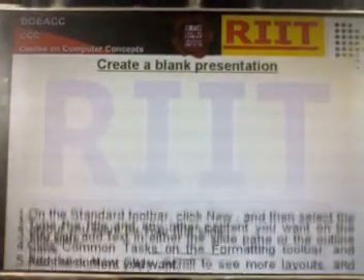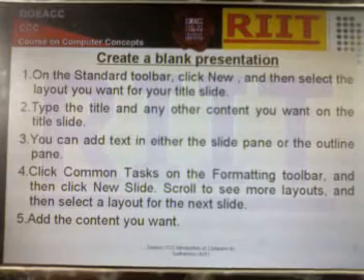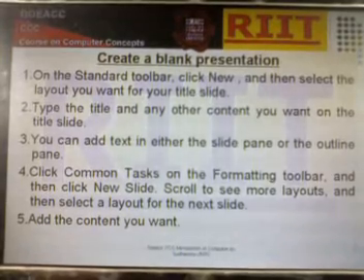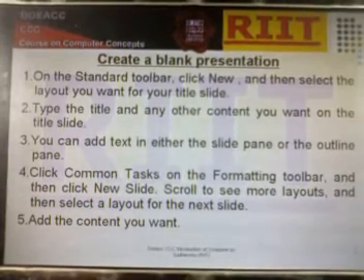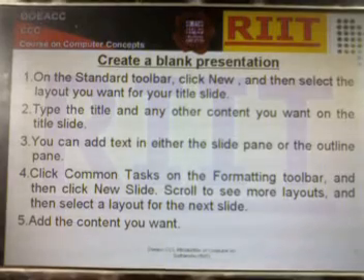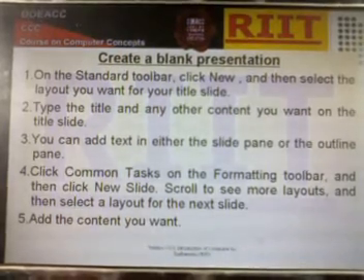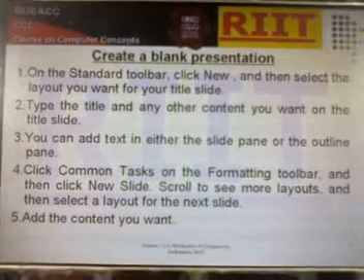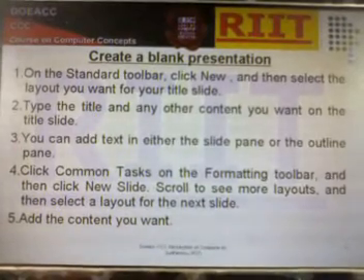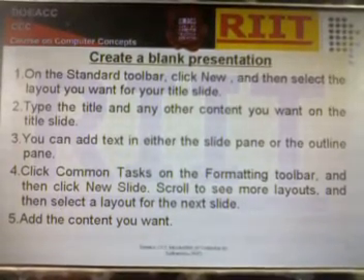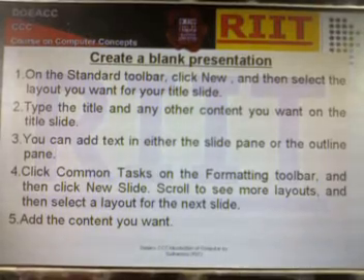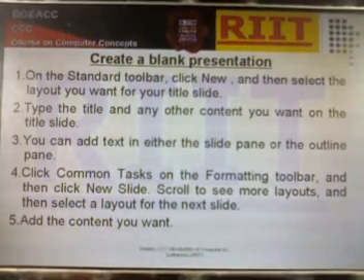Creating a blank presentation. On the standard toolbar, click New and then select the layout you want for your title slide. Type the title and any other contents you want on the title slide.